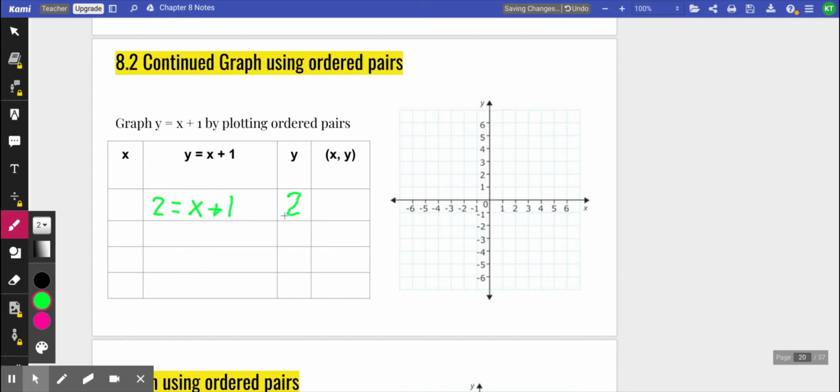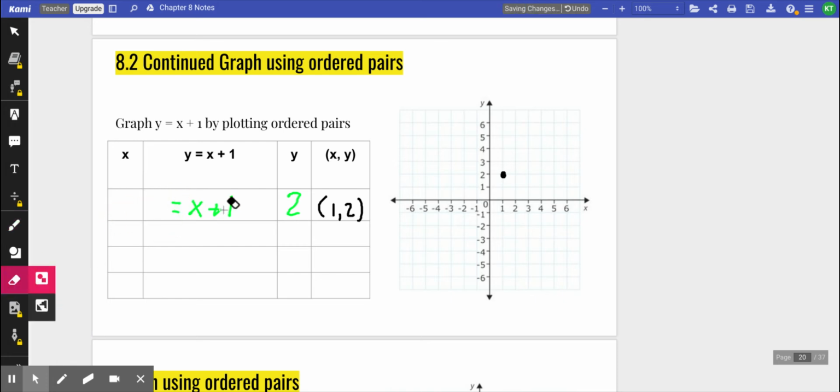Okay, so I said Y was 2, so I plugged it in for Y. Now I'm solving for X. So we should know that 1 plus 1 is 2. And so my ordered pair would be X is 1 and Y is 2. So if I graph that, X is 1 and Y is 2, my point is right there, right?